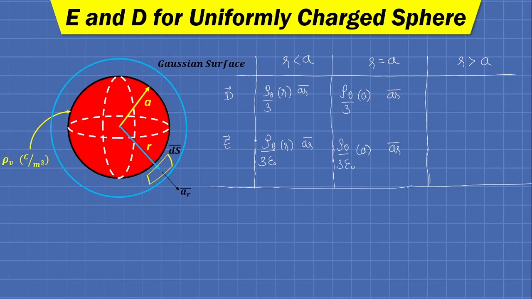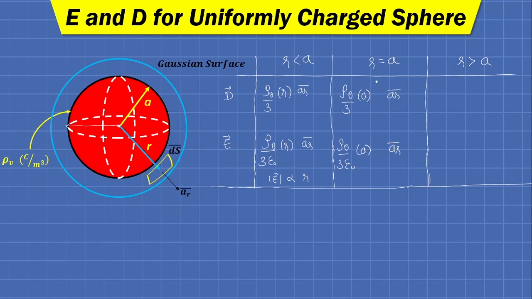Now here, as you can see, for the region inside the sphere, the intensity and density both are directly proportional to r, that is the distance from the center of the sphere. Okay.